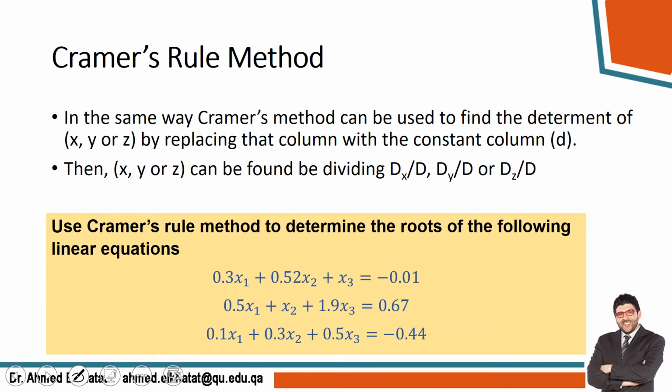In the same way, Cramer's method can be used to find the determinant of x, y, or z by replacing the column with the constants column.